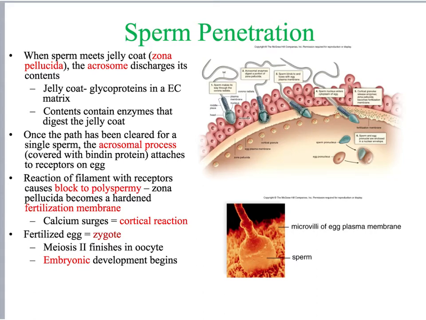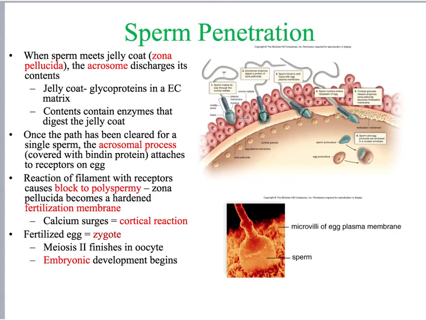Okay, so what happens when the sperm reach the egg? Now, a lot of people think that one sperm reaches one egg, that's the one that gets in, but that's not really the case. One explosion or one acrosomal discharge with those digestive enzymes is not enough to get through the jelly coat.